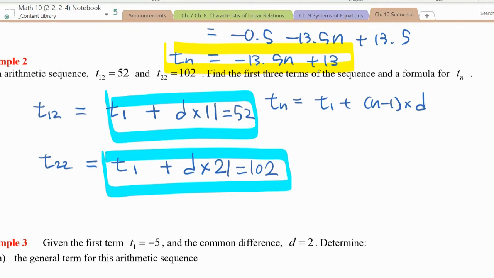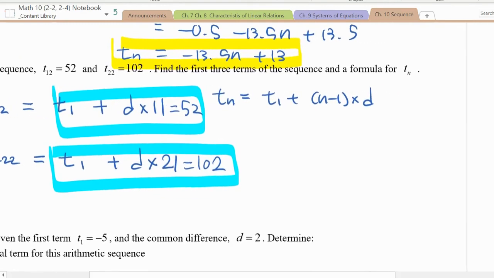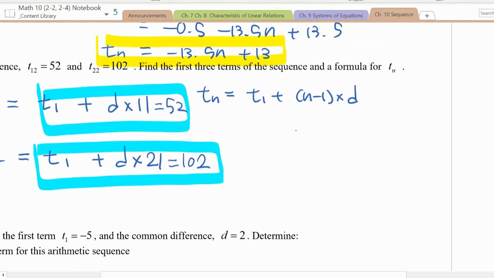We're going to use systems of equations. I'm going to rewrite it here. T1 plus 11d equals 52. T1 plus 21d equals 102. And we're going to use the elimination method.